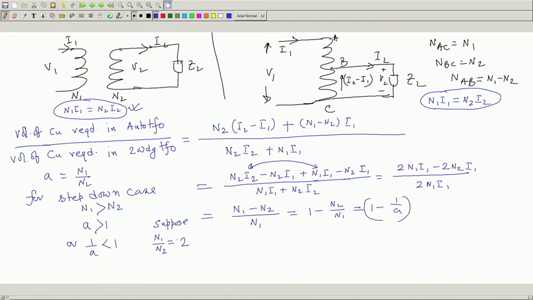Then for A equal to 2, copper required in AutoTransformer will be equal to 1 minus half, 1 by A is half, into copper required in 2 winding transformer, is not, that is 0.5 into copper required in 2 winding transformer.